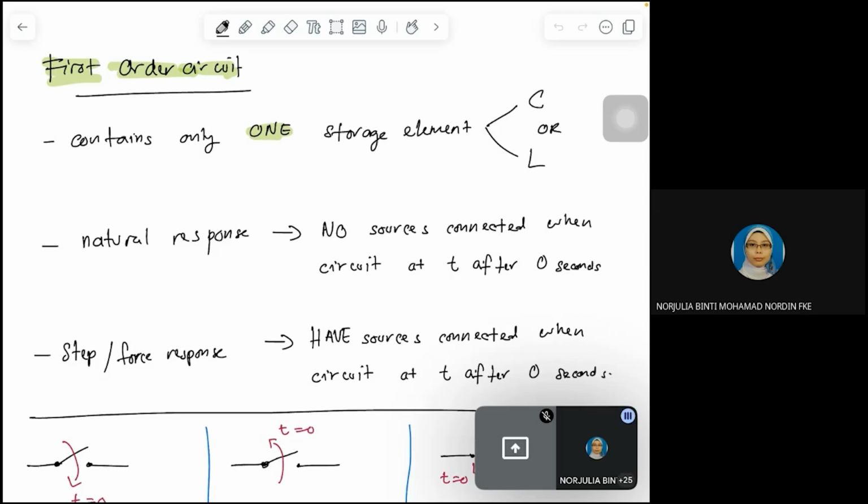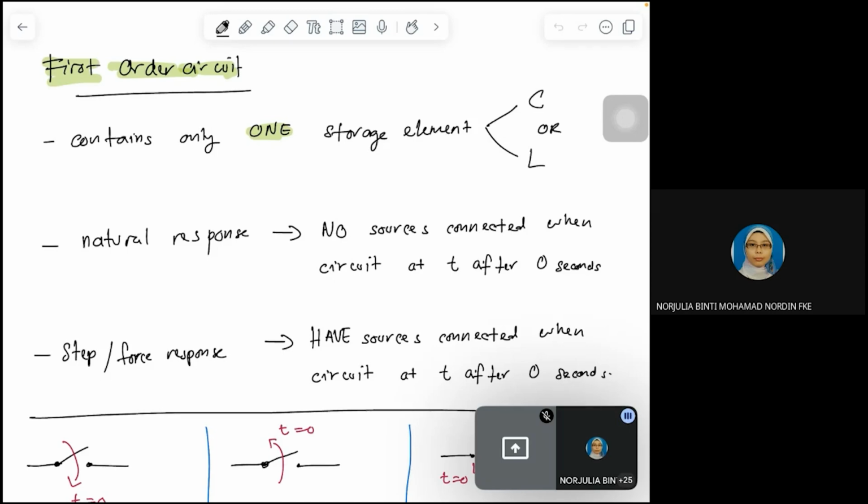The other type of first order circuit we call the step response, where after t equal to zero the circuit is connected to sources, whether voltage source or current source.